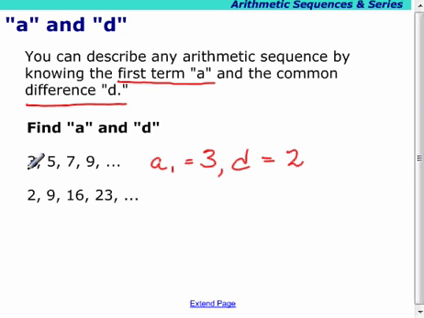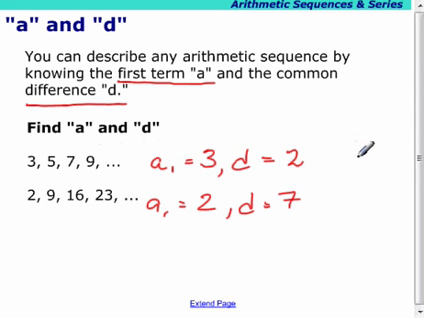So there I've helped define what this arithmetic sequence is. With this one, first term would be 2, and the difference, yeah, the difference is I'm going up by 7.